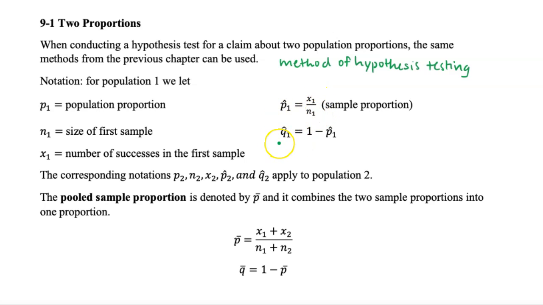And our q hat for population 1 is going to remain the same. It's just 1 minus p hat for population 1. So nothing really different here, but we're just denoting these all as coming from sample 1. And the same notations, with our subscript now a 2, just apply to population 2.